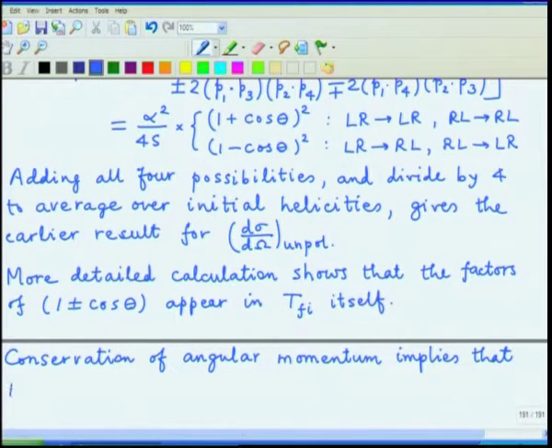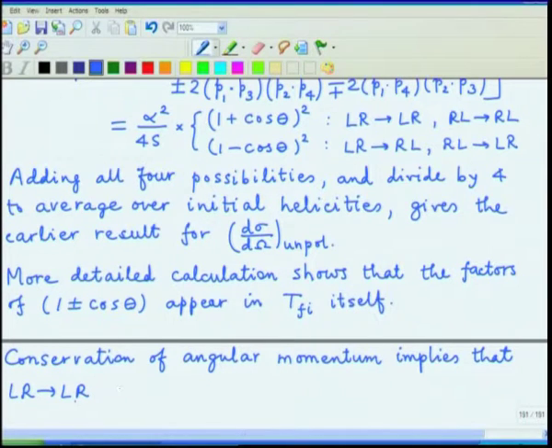If we have an amplitude LR to LR, it is perfectly okay when theta equals 0, the angular momentum is just carried straight over from the initial state to the final state.